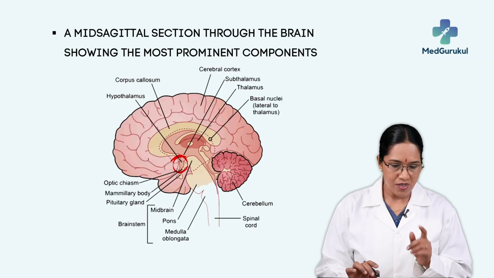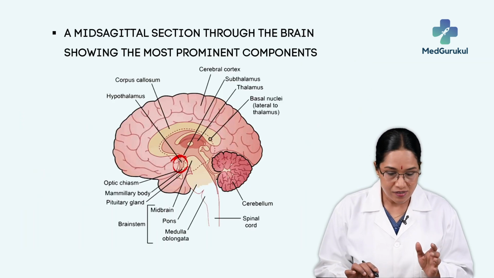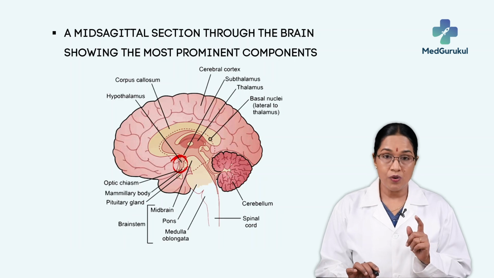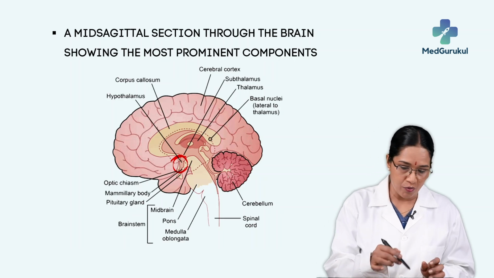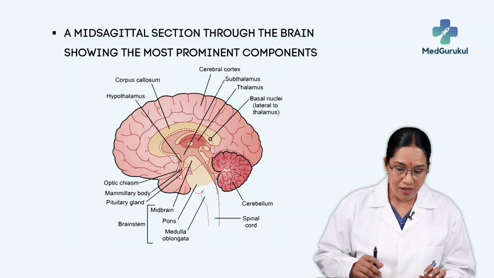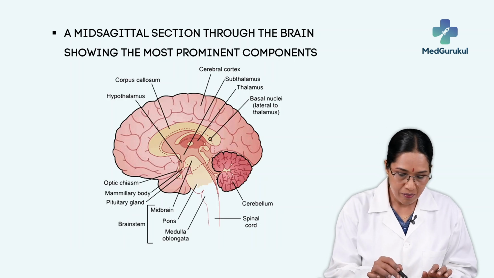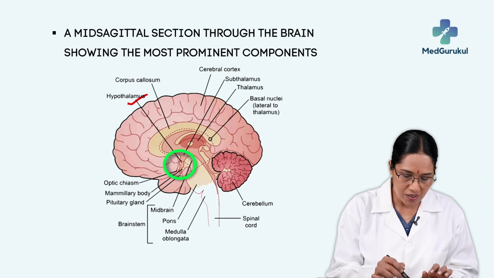Now, look at this diagram, a mid-sagittal section through the brain, which is showing the most important components in the brain. Can you see the hypothalamus? Hypothalamus is here. Then can you see the subthalamus here? Thalamus is here.